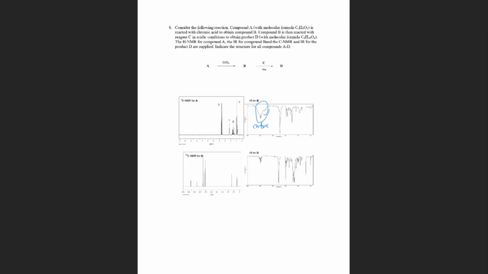And I guess we could expect that because CrO3 is a strong oxidizing reagent. But I guess that also tells us that A must be what? Primary alcohol. So yeah, we expect that this is going to be a primary alcohol.